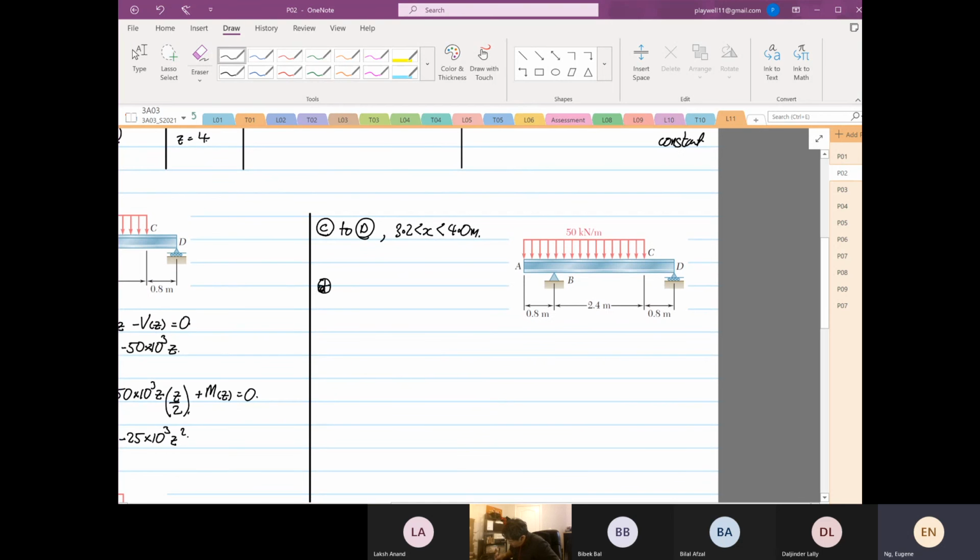So this is the geometric datum, right? So now the distance from here to here, this is our Z. Distance from here to here is 4 minus Z. So this is our structure.